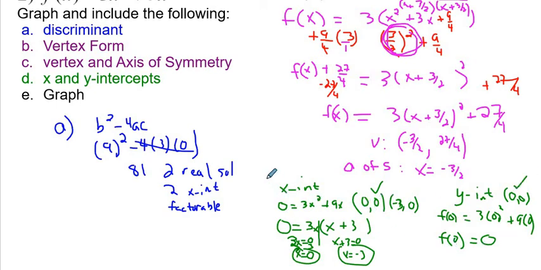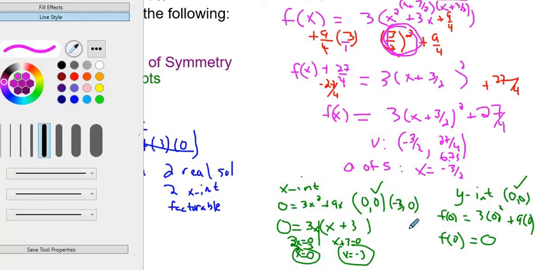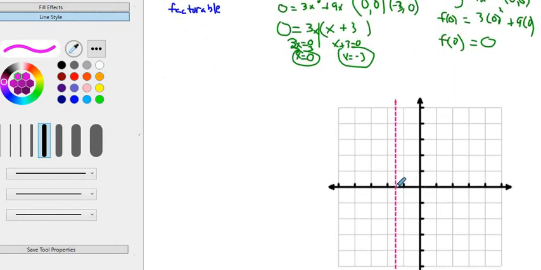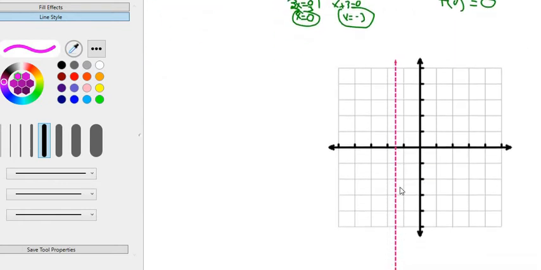So let's take a look at how that works when we graph it. We're going to start by graphing the vertex, and I forgot to tell you what 27/4 was. If that's confusing to you, 27 divided by 4 is 6.75. So we'll use that when we actually graph it. Okay, so we're going to go to negative 3/2 and 6.75.